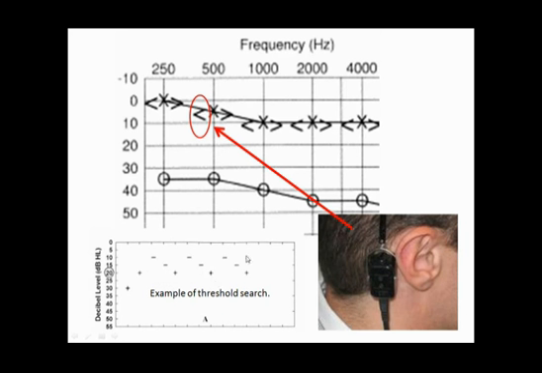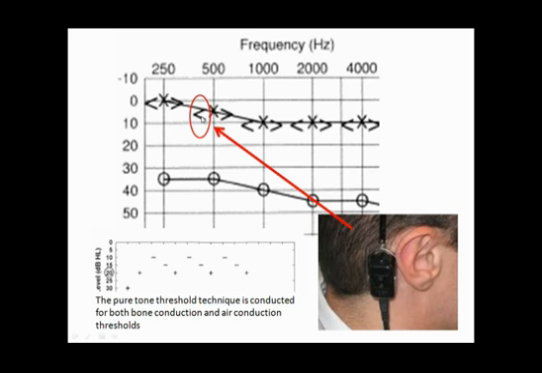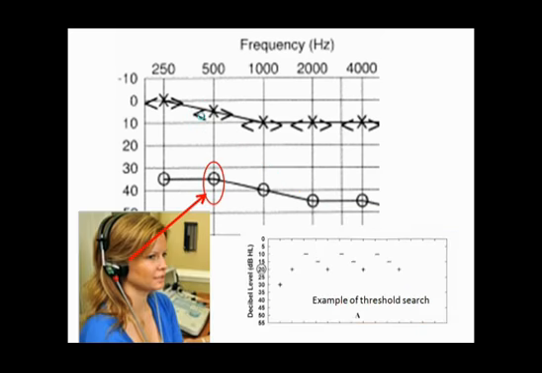We're going to use the modified Hughson-Westlake protocol, from Drs. Carhart and Jerger in their paper from 1959, and we're going to obtain this threshold. So the pure tone threshold technique is conducted for both bone and air conduction thresholds. Here it is for the right ear.